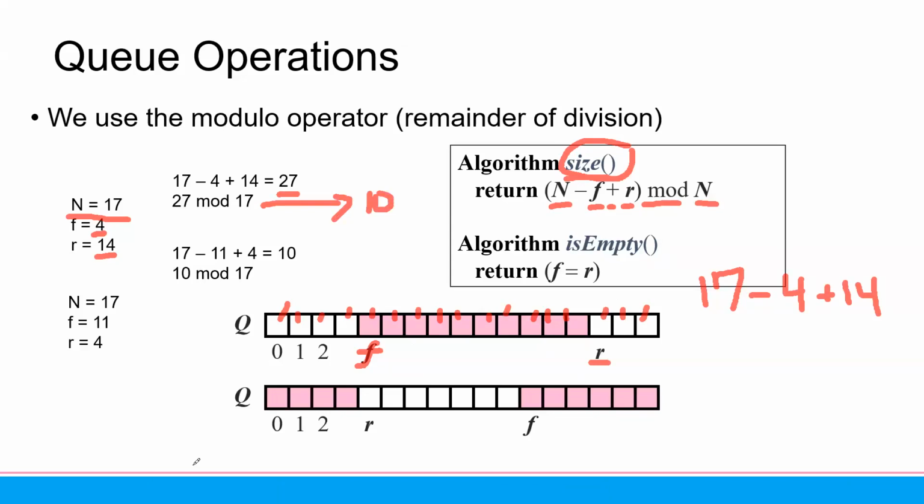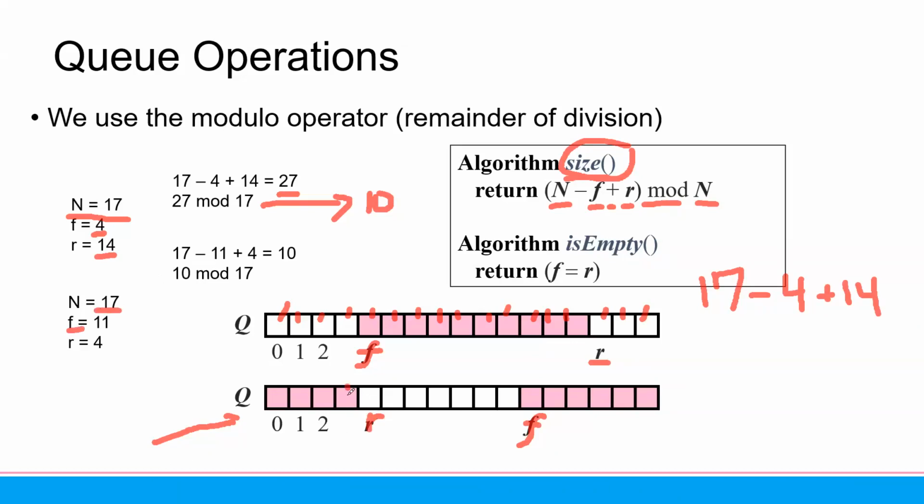What about this one? Let's say after we wrap around, now the front element is here and the rear element is here. How many elements do we have in the queue? The same n, which is 17, but we have a different f. The f is now 11.